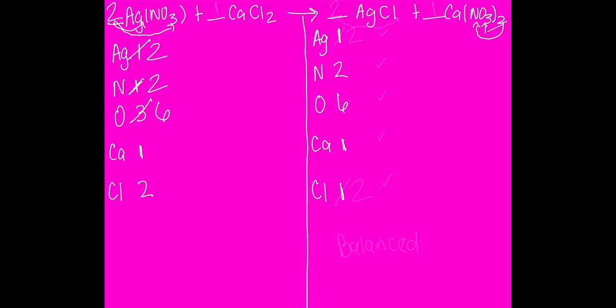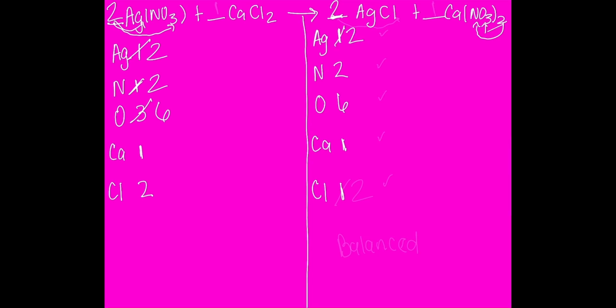So now that is taken care of, I have to go back because initially my Ags were balanced, but now they aren't anymore. So now I want to get my Ags balanced before I try to move forward, okay? And so now I have 2 Ags on my reactant side, but only 1 on my product side. And the only way to get that balance is to use the coefficient 2. So 2 times 1 is going to be 2.